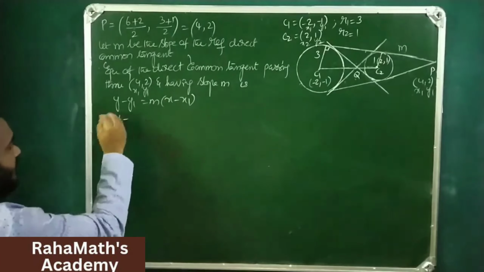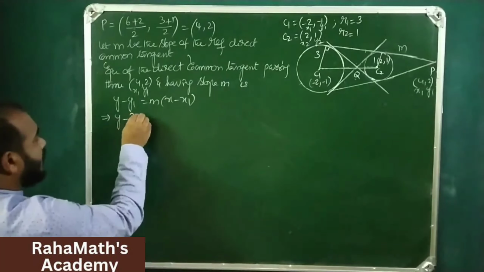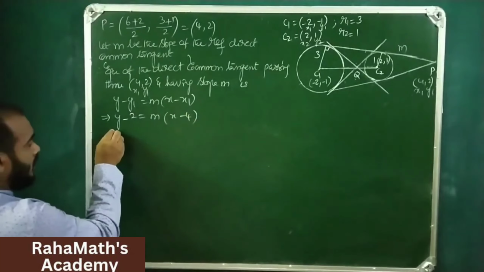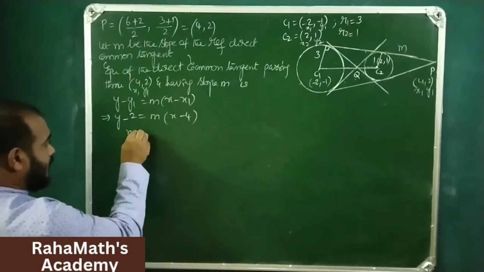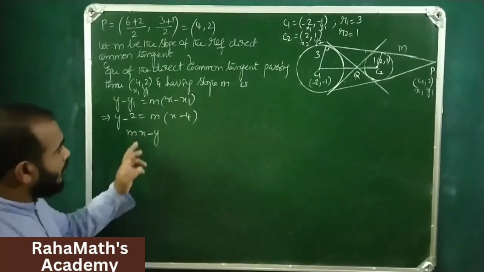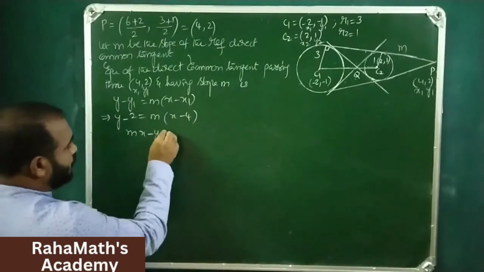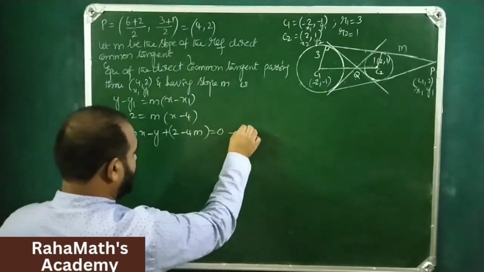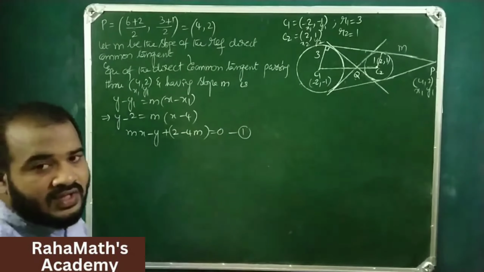So y minus 2 is m into x minus 4. Therefore mx minus y minus 4m plus 2 equals 0.